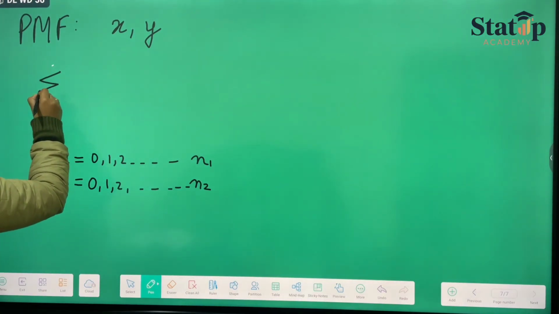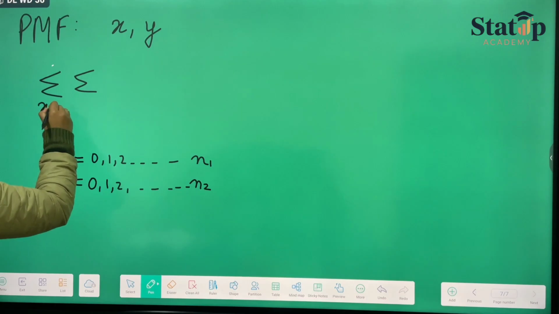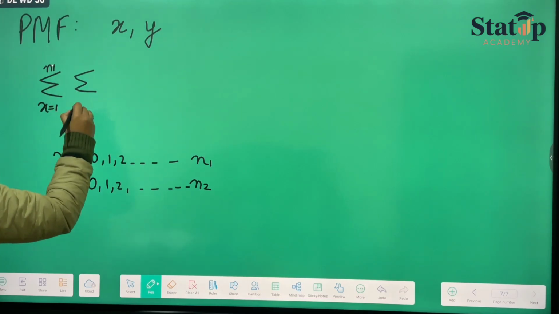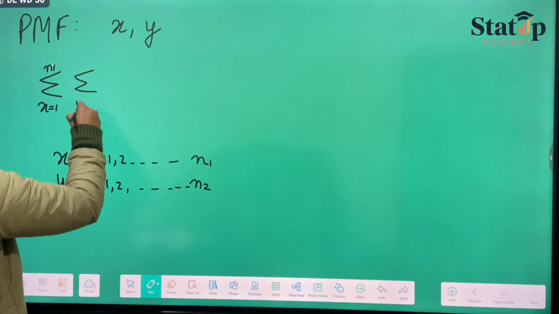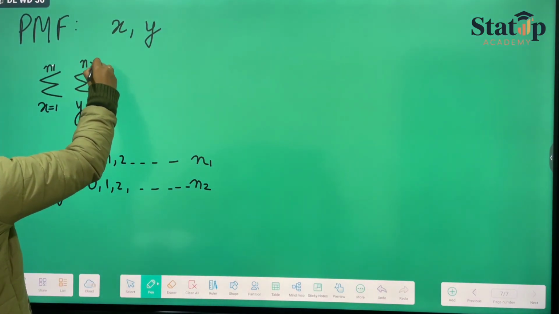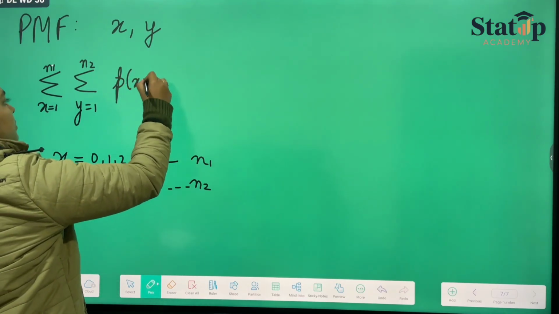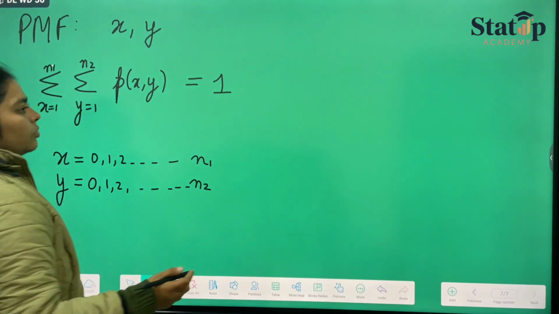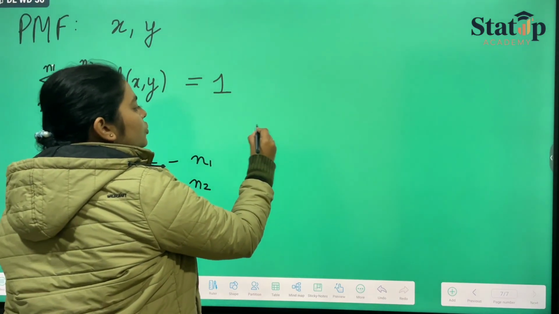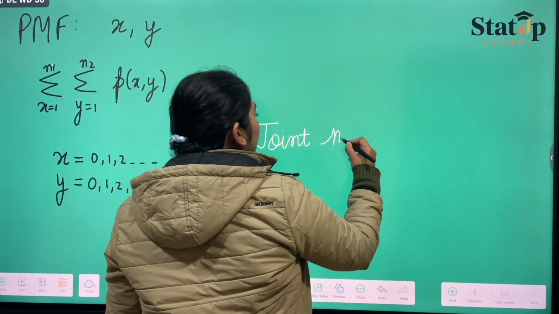The joint PMF will be a double summation: the first summation over x from 1 to n1, and the second summation over y from 1 to n2, of p x y, and this must be equal to 1 according to our law. This is known as the joint mass function of two variables.